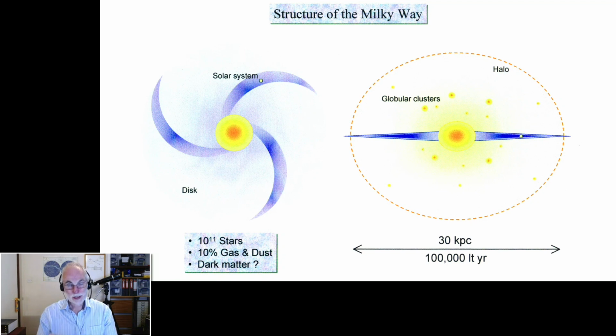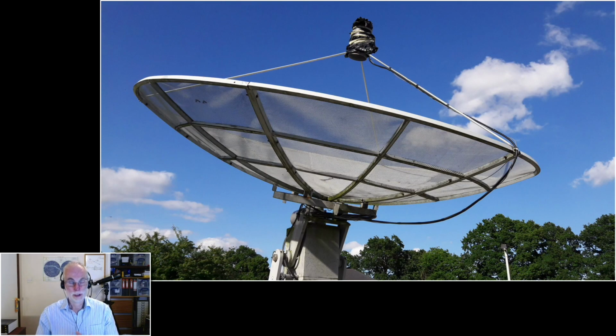So in order to investigate this structure, you've got two very different telescopes looking at different types of radiation, but both aimed towards the same overall objective of understanding the structure of our own Milky Way. So we've got the ARROW telescope, which is a 3-meter parabolic radio dish located on campus again at Milton Keynes.